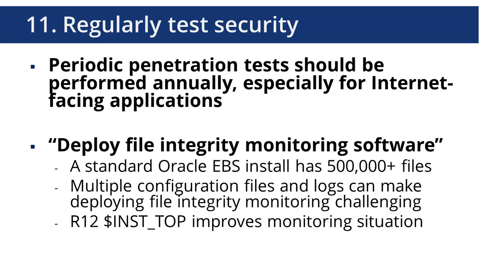You can set up Tripwire or similar products to monitor the inst top and say, here's where the configuration files are, this is where the log files are. I don't care about the log files, I only care about configuration files. Then when those files change, I need to sample or periodically check that yes, that configuration file was changed and here's a change ticket for the reason why it was changed.